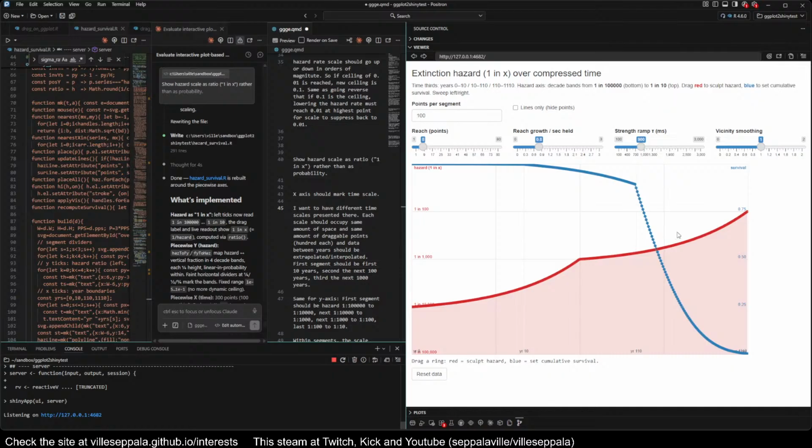So, okay, and then we have hazard here. Oh yeah, the survival has a different scale anyway. Ooh, that's super weird. I was talking earlier about how there should be some weird behavior at the threshold, and this is showing some pretty weird behavior.